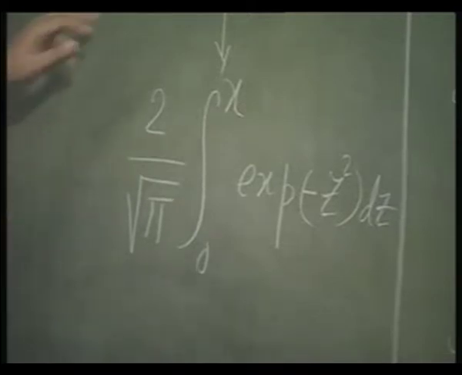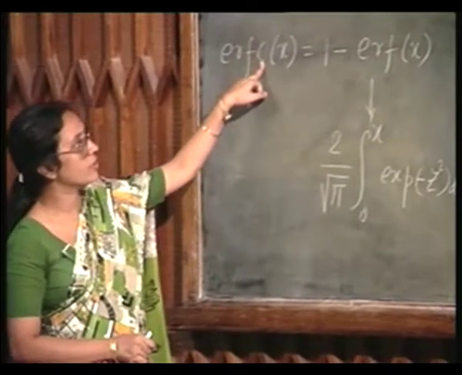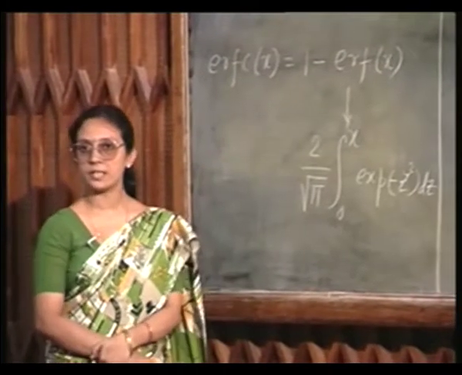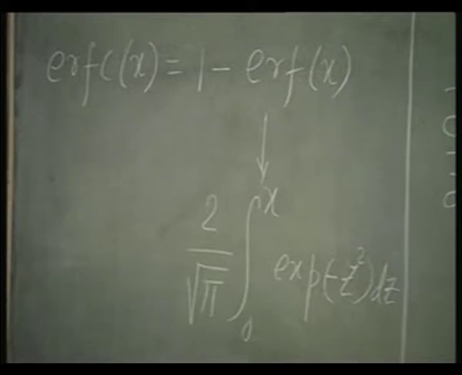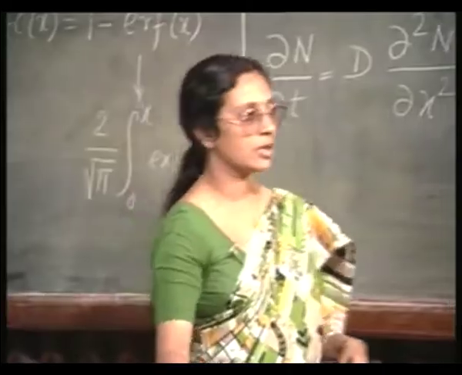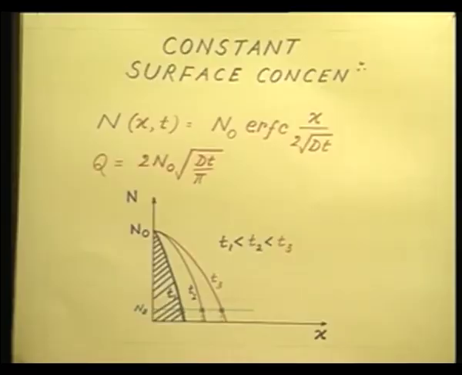That is error function of x, and complementary error function of x is 1 minus this error function of x. And the nature of this error function curve is as shown here.